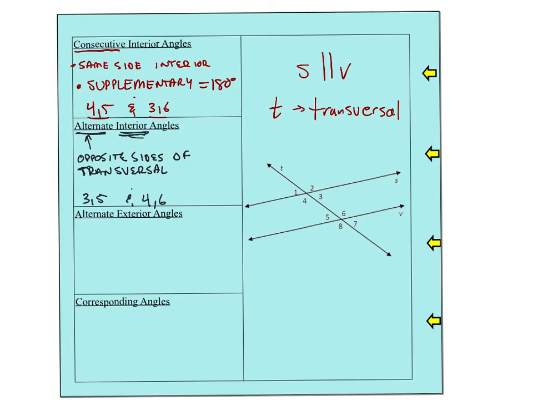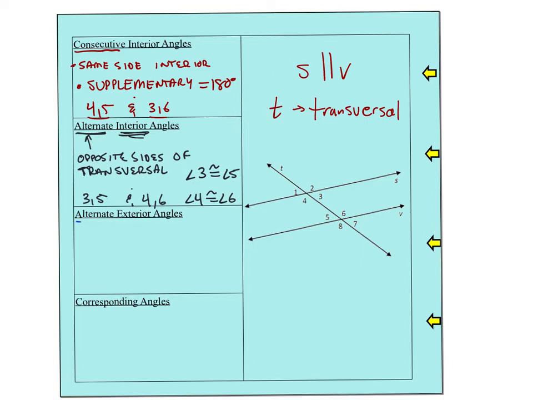Still interior, you're still inside. What ends up happening here is 3 is congruent to 5, and 4 is congruent to 6. Remember, congruence just means it has the same measure. That's all it means. So I'm going to rewrite that a little cleaner. Angle 3 is congruent to angle 5.